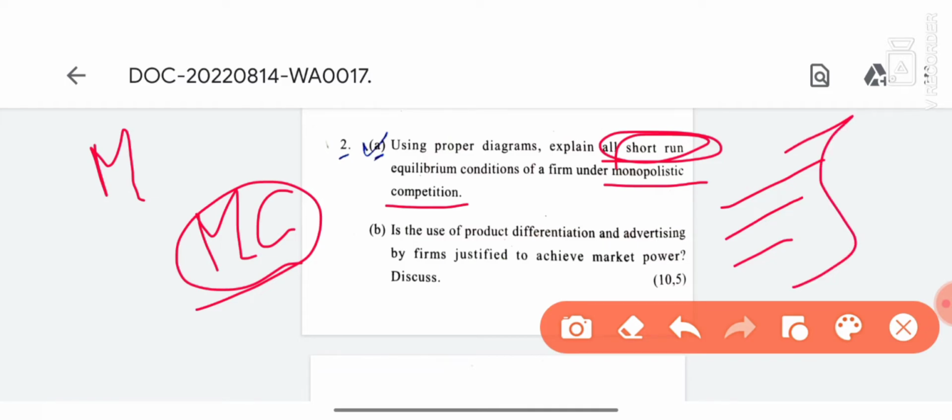These should be the three main diagrams. Is the use of product differentiation and advertising by firms justified to achieve market power? Discuss. So you need to tell the use of product differentiation and advertising.